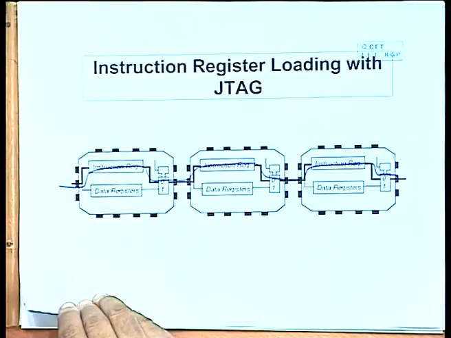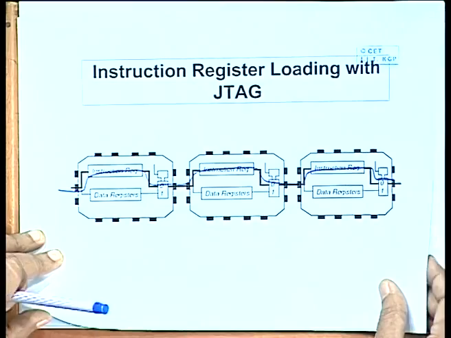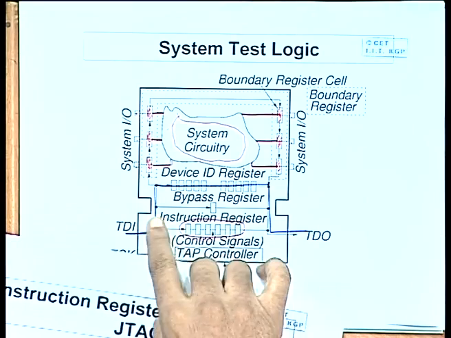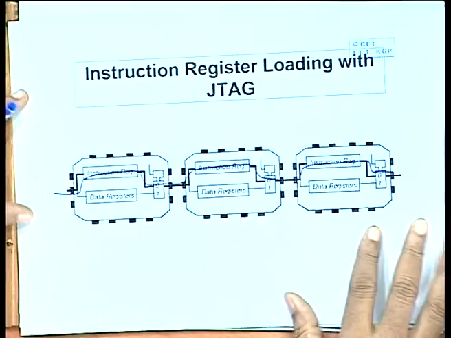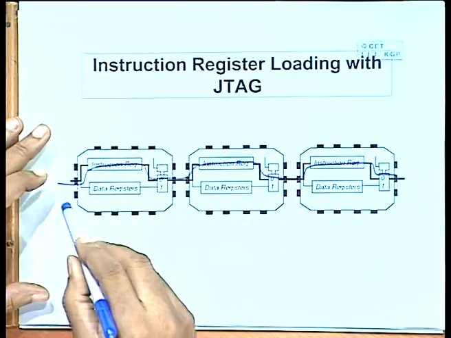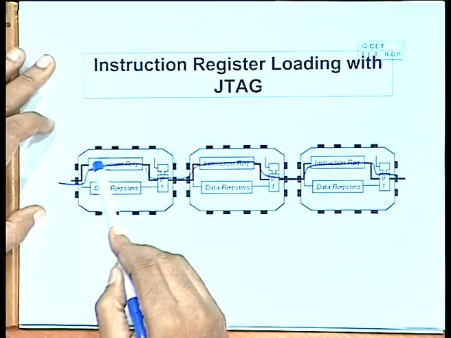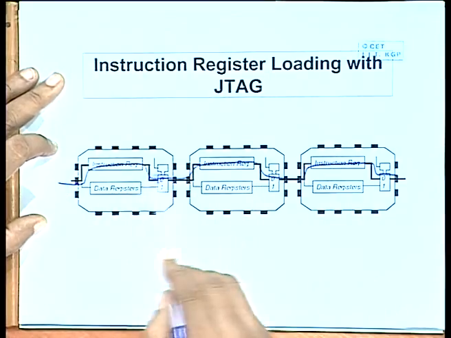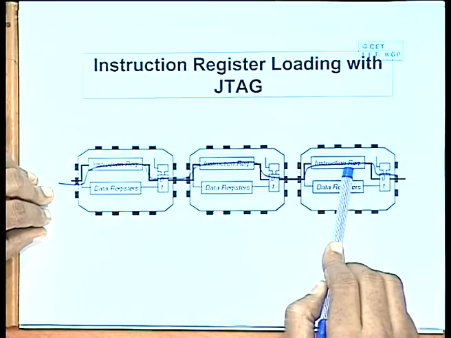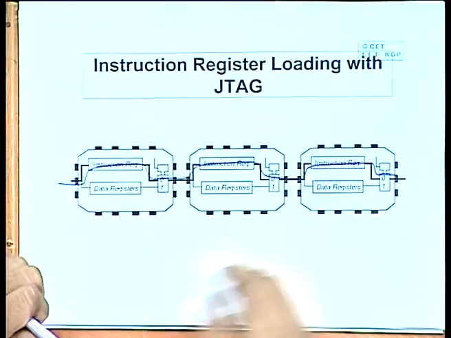Actually for this you have the bypass registers, but in this diagram I am not showing the bypass register, I am showing as if they are following these paths and rippling through, and you can load the instruction registers of all these chips through these paths. Now, in addition you have the actual data registers.